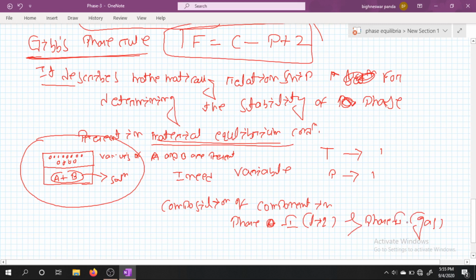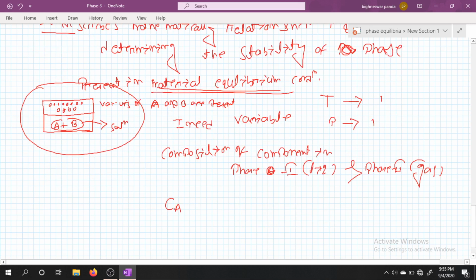If component A is represented by Ca and component B is represented by Cb, what is the composition? I can simply write mole fraction of A in phase 1 and mole fraction of A in phase 2, and mole fraction of B in phase 1 and mole fraction of B in phase 2.